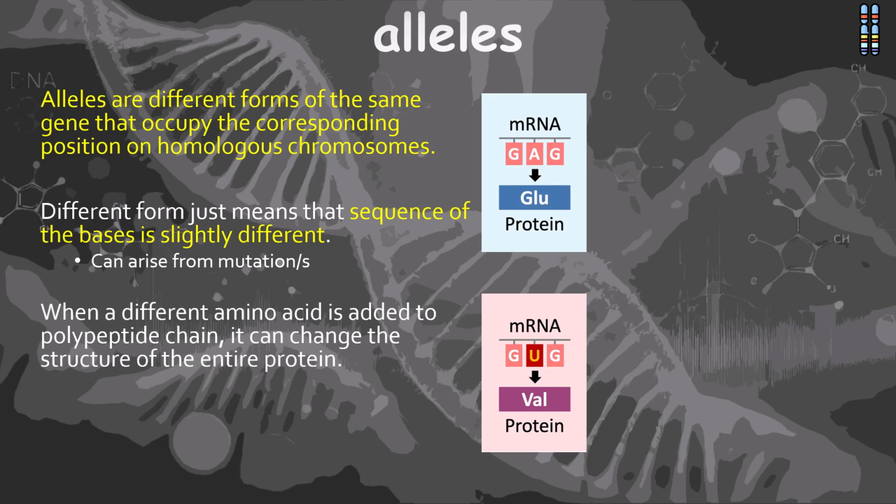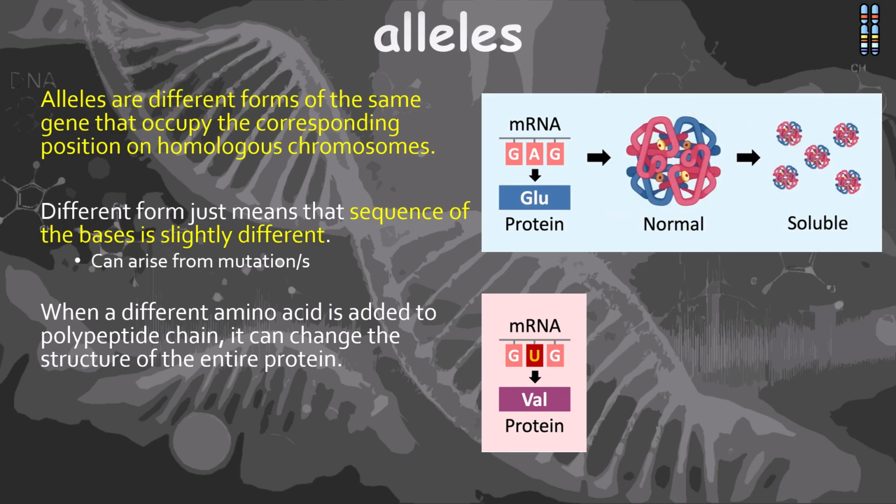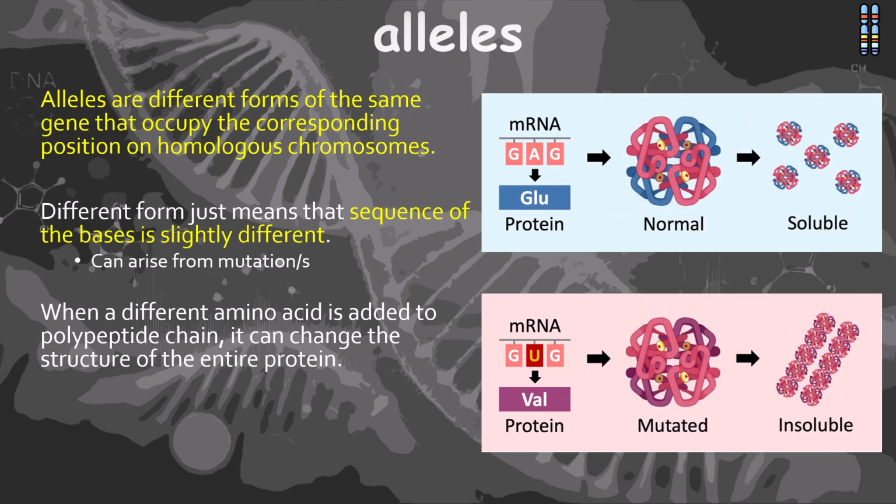In this example, the normal amino acid sequence results in soluble hemoglobin, while the mutated hemoglobin becomes insoluble, affecting its function and impacting red blood cells. Thus, when a different amino acid is added to a polypeptide chain, it can cause the protein to lose its function, alter its efficiency, or result in a protein with a new function.